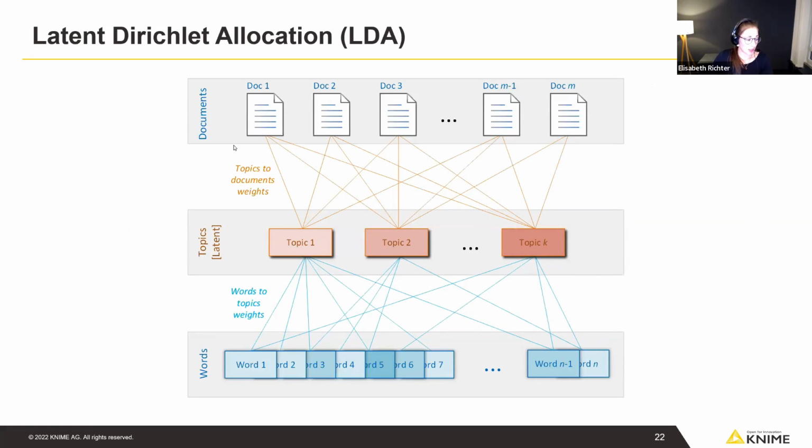However, I want to show you this slide because I think it makes what I just said a bit more clear. You have a set of documents, which you can see here in the top row, and a bunch of words in the bottom row, which are contained in those documents. Then the algorithm pulls out the weights from which we can then infer the topics.